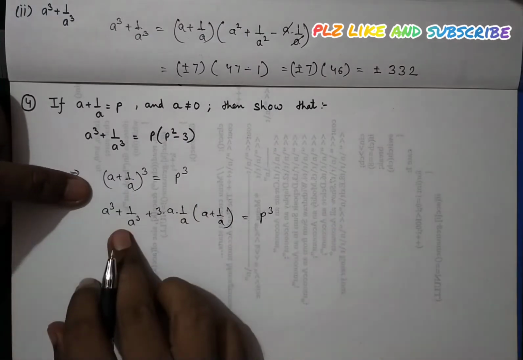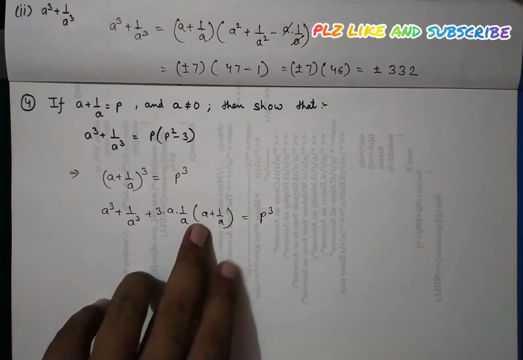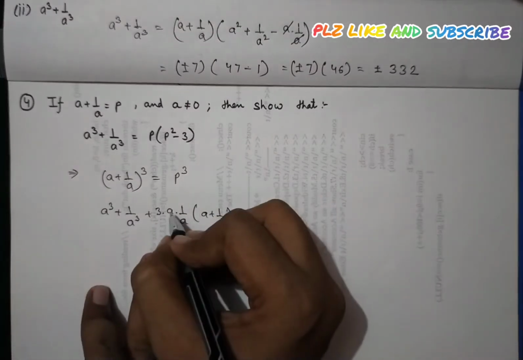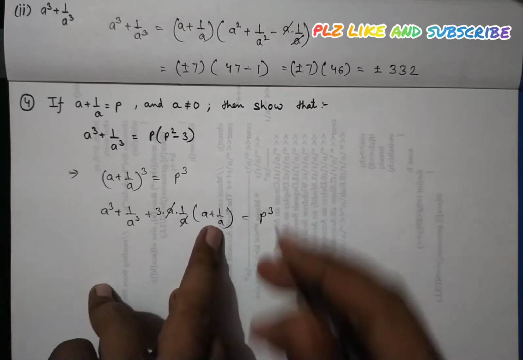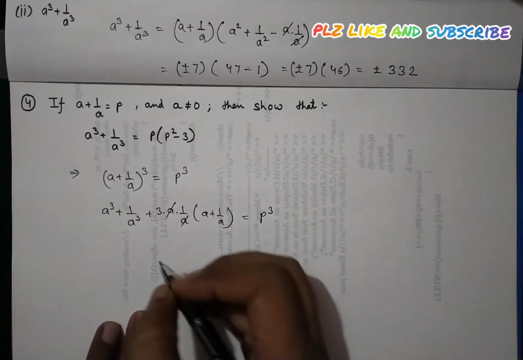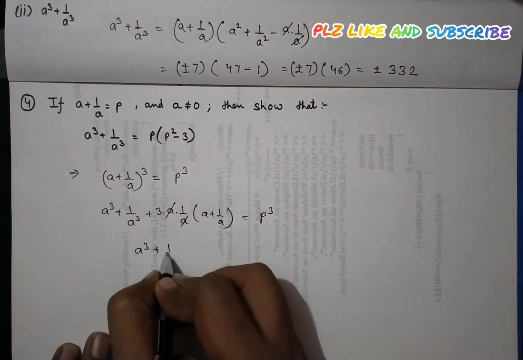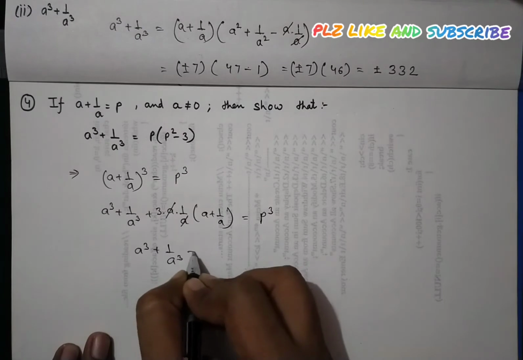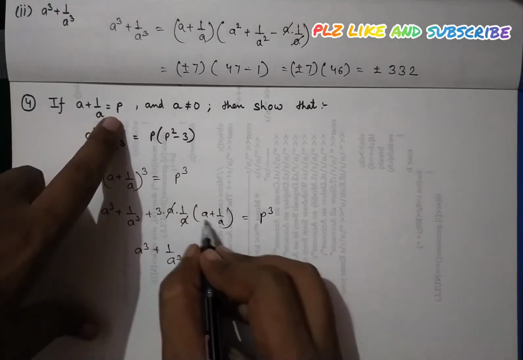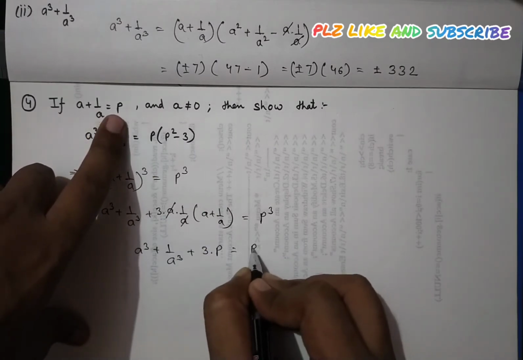We have used the identity a cube plus b cube plus 3ab into (a plus b). Now here this will be cancelled out, and here we know the value of a plus 1 upon a, that is equal to a cube plus 1 upon a cube plus 3 into, this will be a plus 1 upon a is p, so we can write p over here, and that equals p cube.